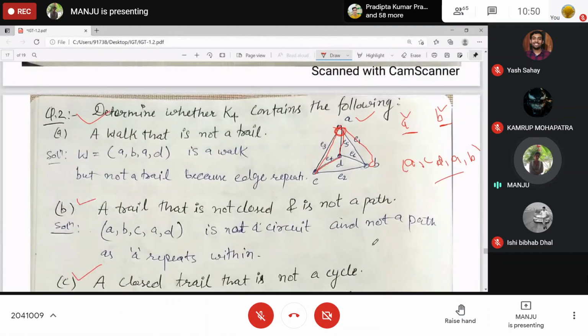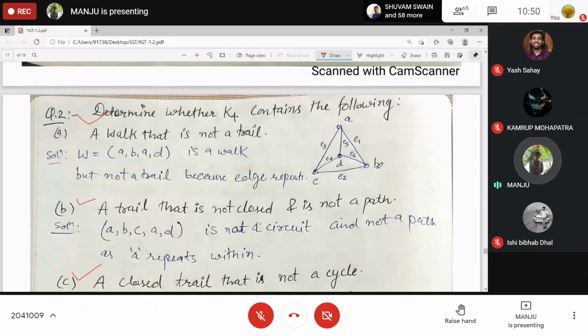A closed trail that is not a cycle. A closed trail, that is any circuit. We are not going for the Eulerian circuit or so. Any circuit you can tell me, which is not becoming a cycle.